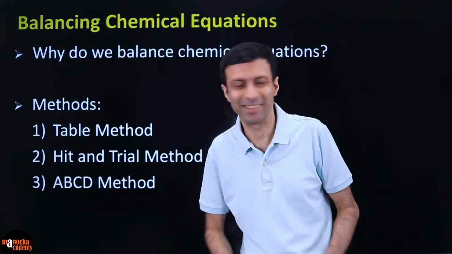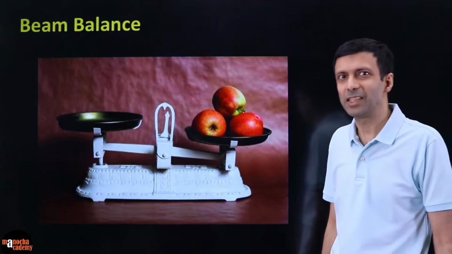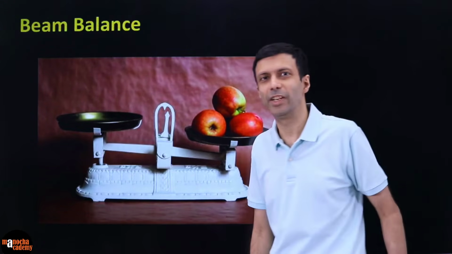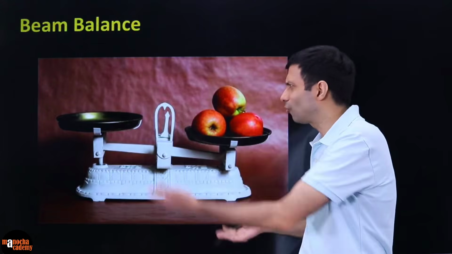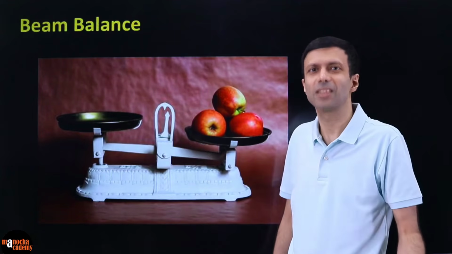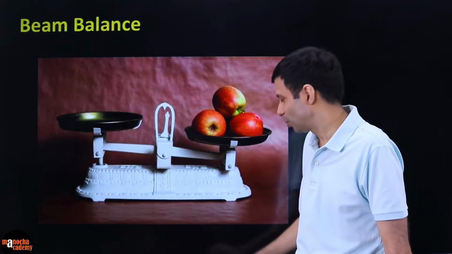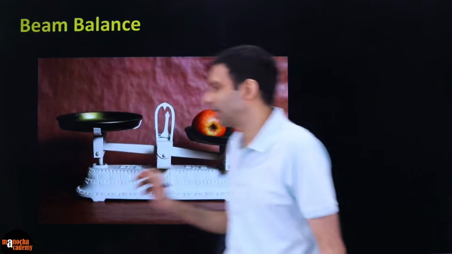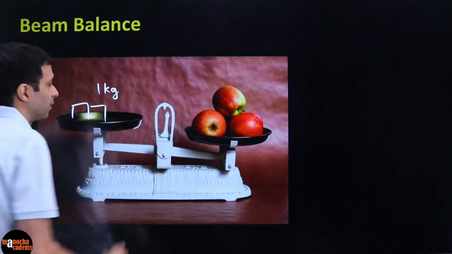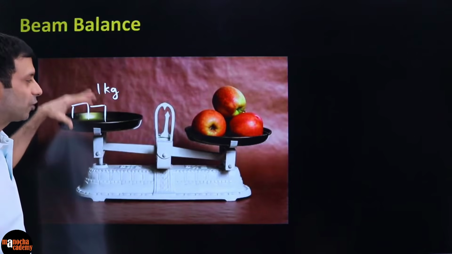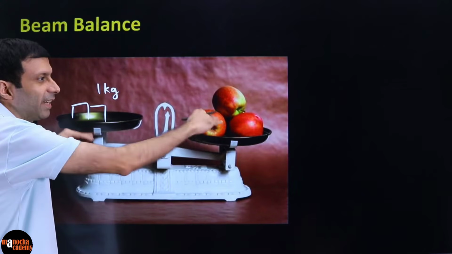So let's get started. I'm sure all of you have seen this beam balance. If you go for vegetable shopping, of course nowadays they're replaced with the electronic balance which just gives us the weight, but this is the traditional beam balance, or we call it tarazu in Hindi. If you place the apples over here, and let's say we place some masses over here, and when we put these 1 kg weights or masses, we see that it gets balanced.